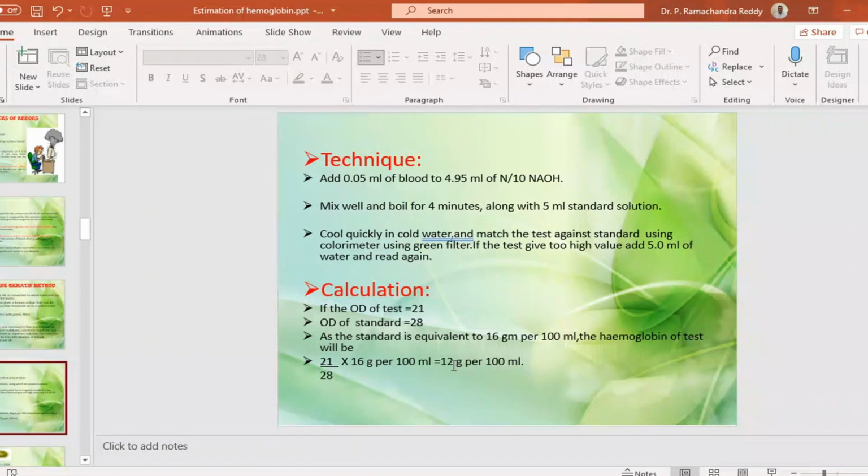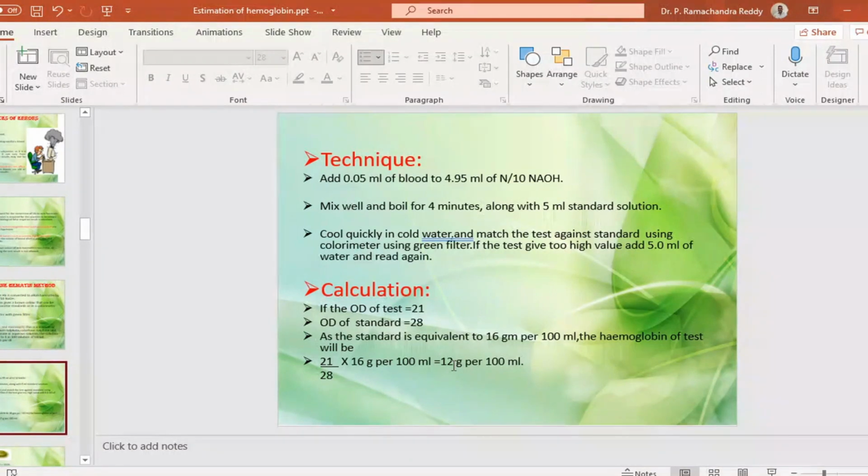Along with this, you also prepare 5 ml of standard solution, mixed well and boiled for 4 minutes. Then cool quickly in cold water and match the test against the standard using a colorimeter with a green filter. If the test gives a high value, add 5 ml of distilled water and read again.